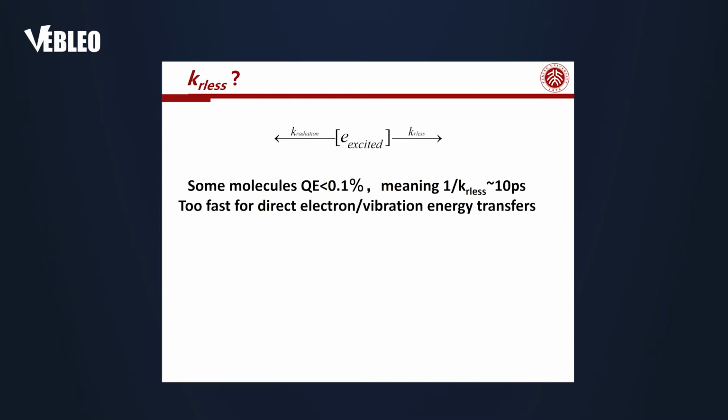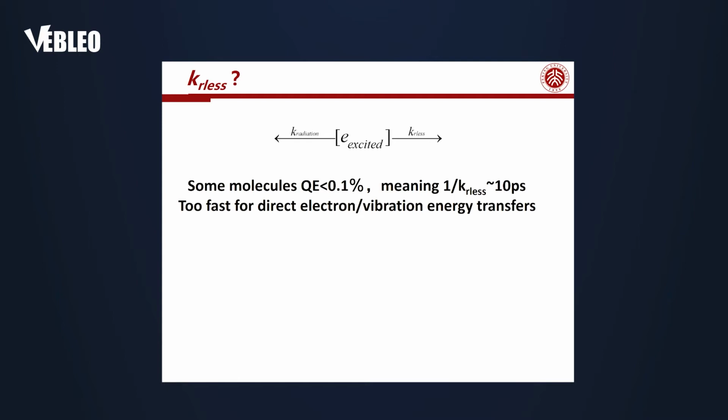Then we certainly know some molecules have a fluorescence quantum yield smaller than 0.1%, meaning the non-radiative time constant should be around 10 picoseconds or faster. Such non-radiative decay is too fast for direct electron-vibrational energy transfer within the weak coupling limit.